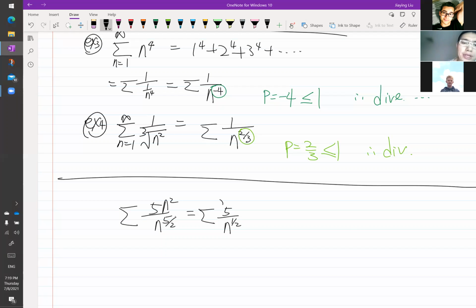And the 5, we can always bring outside of the summation, the sigma notation. So we get 5 sigma 1 over n to the 1/2. That's in the correct form. Don't worry about the 5. You can just focus on the sigma part.